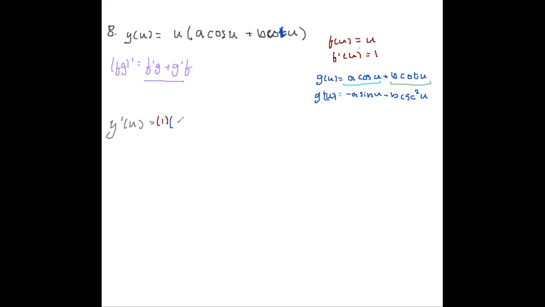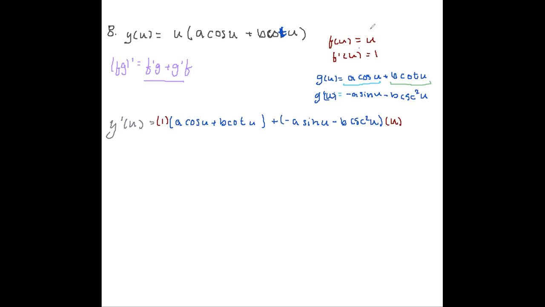Times g, which is a cos u plus b cot u, plus g prime, which is negative a sine u minus b cosecant squared u times f, which is u.